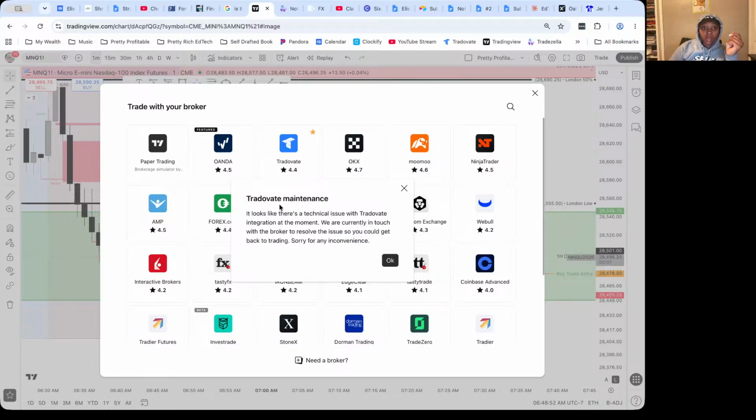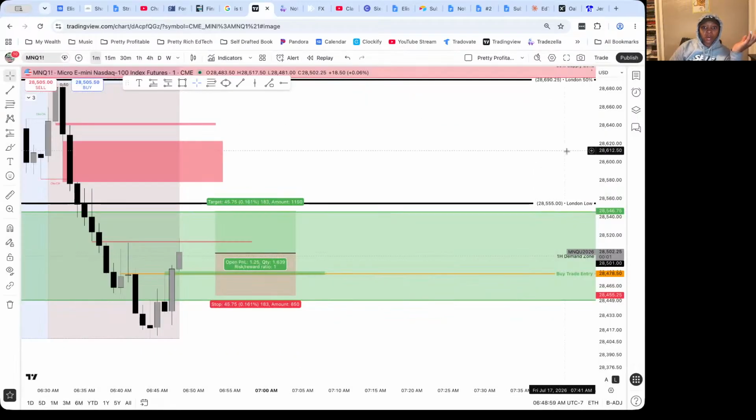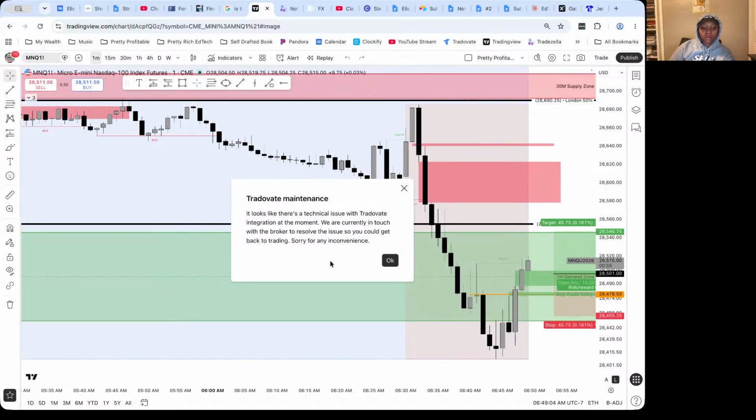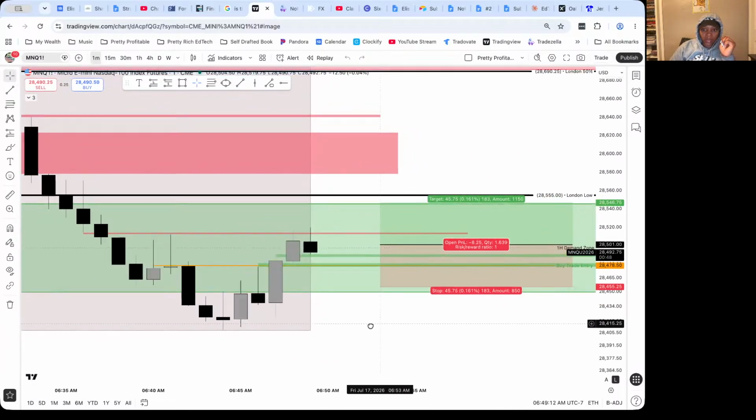Trader rate? It looks like, wow. I don't know what happened. I don't know if I'm still in the trade or out of the trade. Wow, that's crazy. 4, 4, 4, 4. So what does that mean?